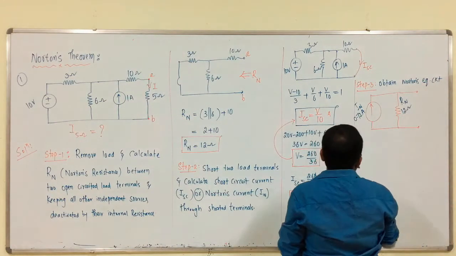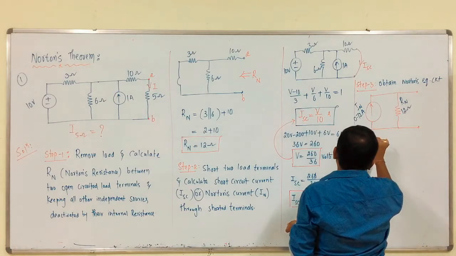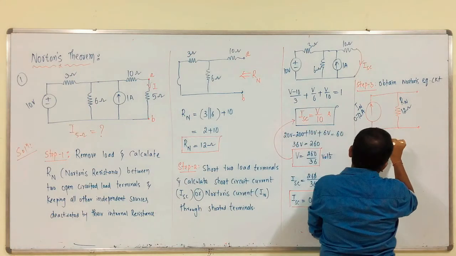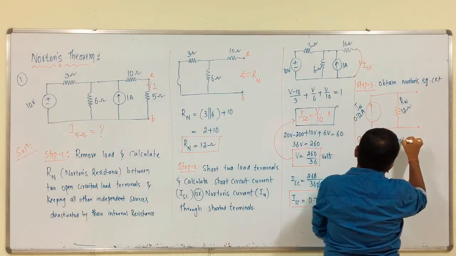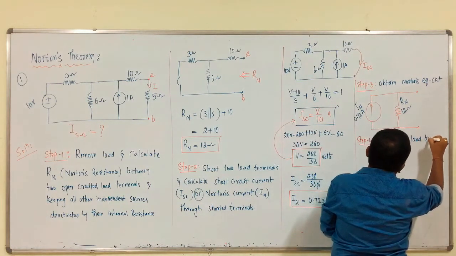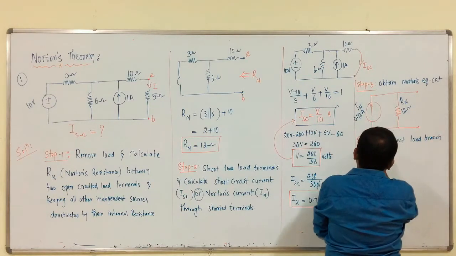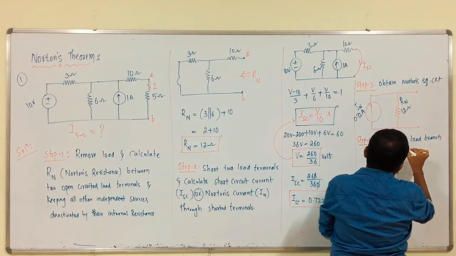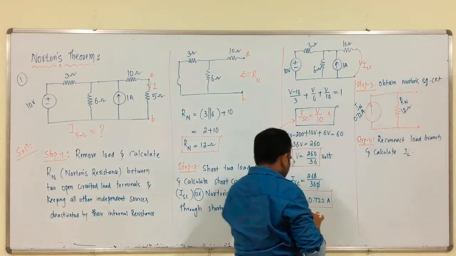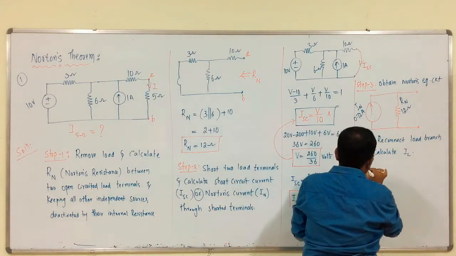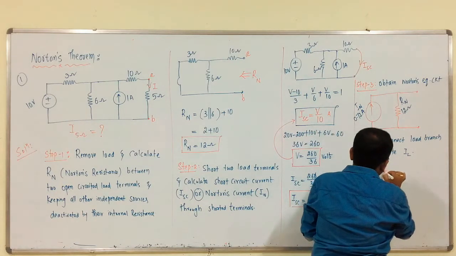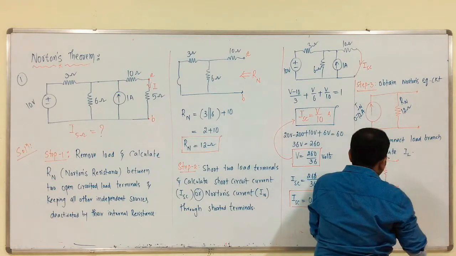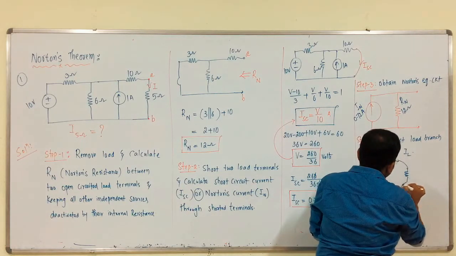What is step 4? Reconnect the load branch and calculate IL, right? Therefore, we have this circuit. Between these two, we have to connect RL.